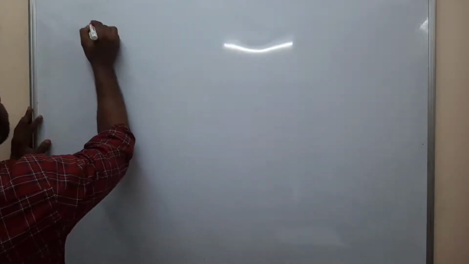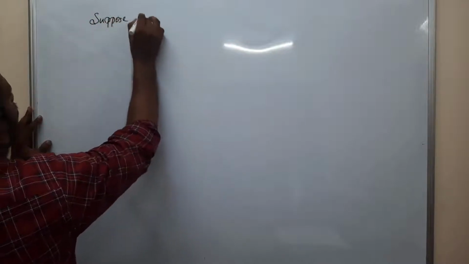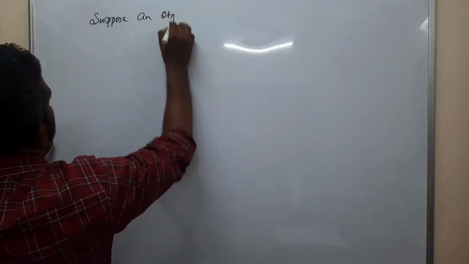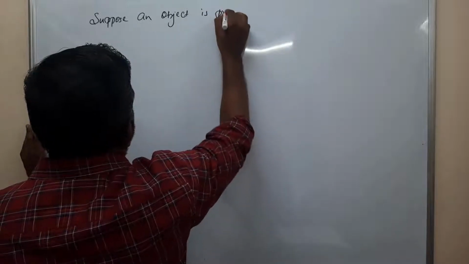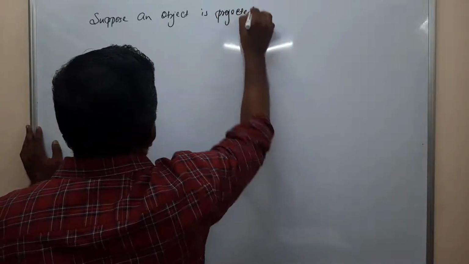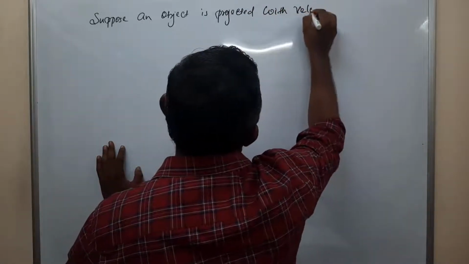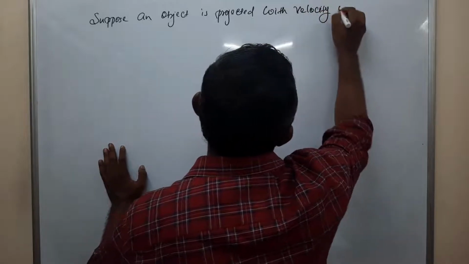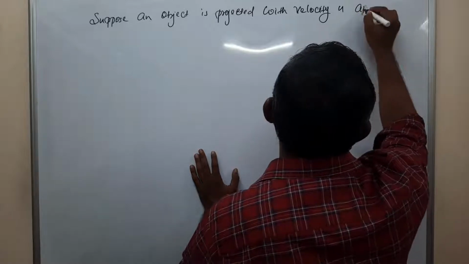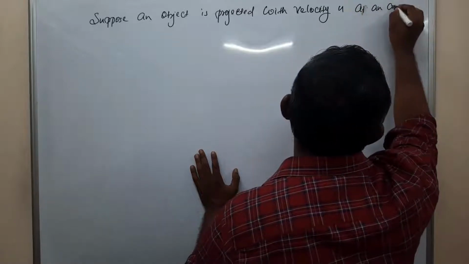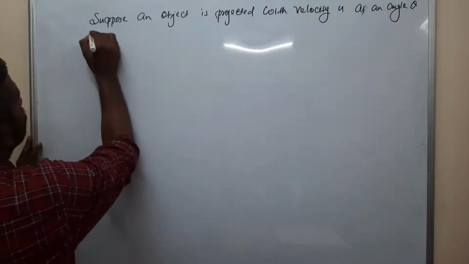Suppose an object is projected with velocity u at an angle theta with the horizontal.